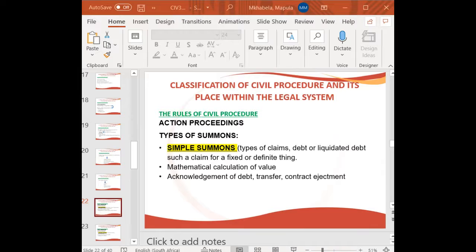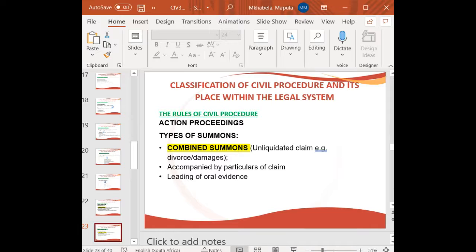For example, an acknowledgement of a debt, a rendering of an account, delivery of goods, a cancelled contract, claim for transfer and ejectment or recovery of the possession of a title of land. Regarding the liquidated claim, ladies and gentlemen, the amount may be determined by a mathematical calculation of the value in question.